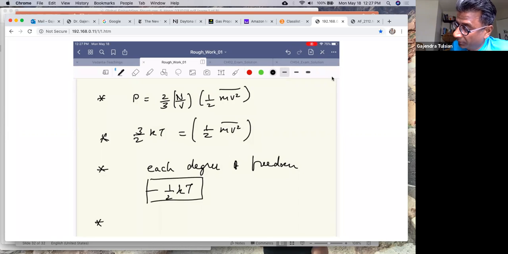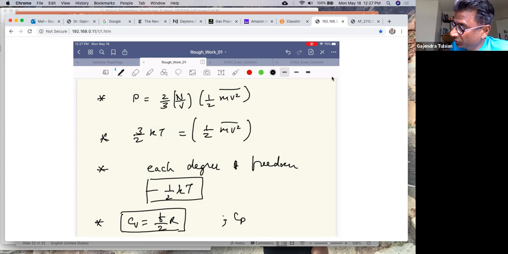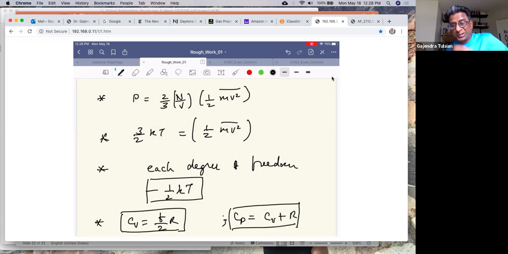And CV for an ideal gas is F by 2 times R, where F is the number of degrees of freedom. And CP, which we didn't prove, we'll do that in the next chapter, is CV plus R. So CP is greater than CV by R. All right, so that covers the topics from this chapter.